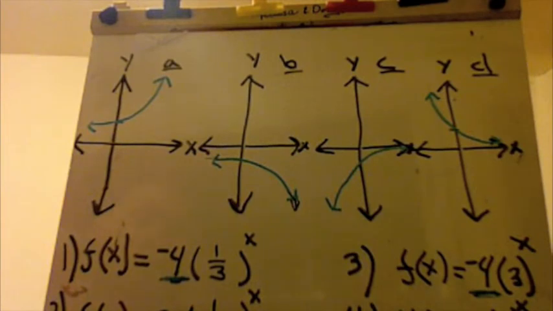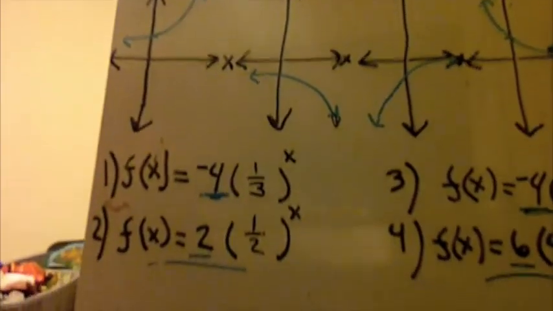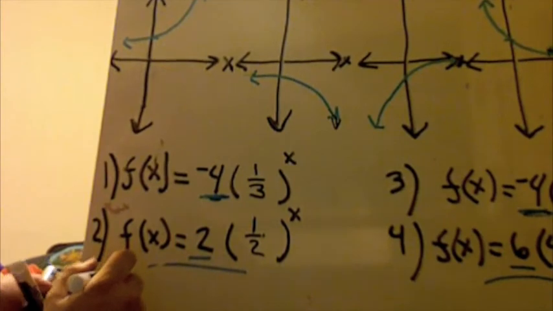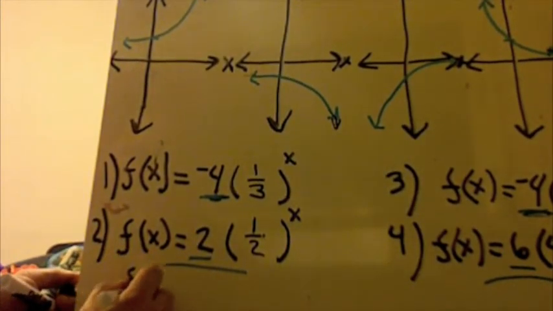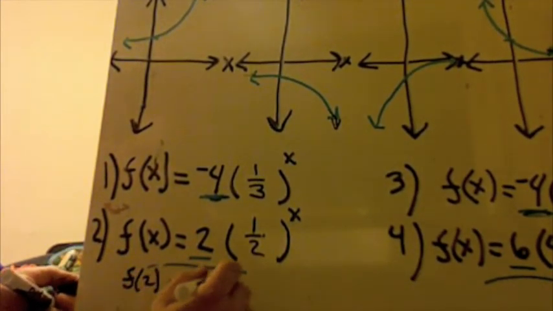So now let's talk about what's going on. Well, in this one here, I see that I've got 2 times 1/2 to the x. So what I want to do is figure out what's going on. Let's pick a couple of different values for x. I'm going to choose f of 2, 2 times 1/2 squared.